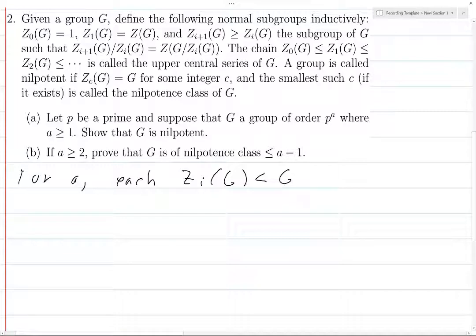So anyways, each of these, and thus each Z_i G, is a p-group. That's going to be important.